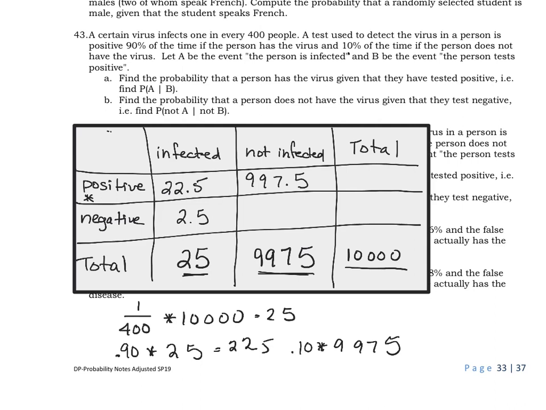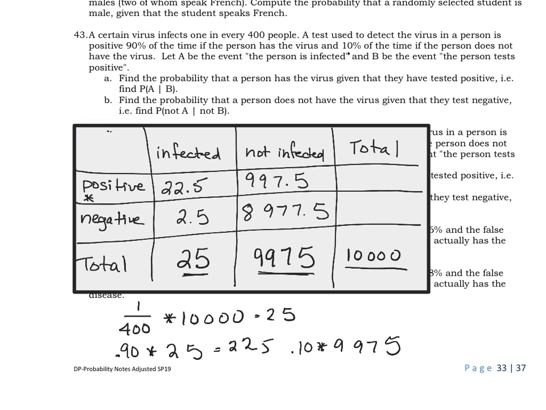All right, so to figure out the number of people who tested negative and they were not infected, we're just going to subtract the 997 5/10 from the 9,975, and that gives us 8,977 5/10.